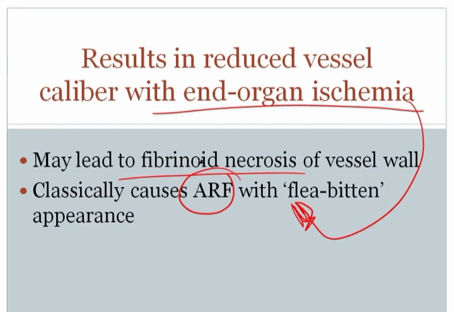So hyaline arteriolosclerosis: benign hypertension and diabetes. The other way by which you can get arteriolosclerosis of a small blood vessel wall would be hyperplastic arteriolosclerosis. This is where you get thickening of the blood vessel wall due to hyperplasia of the smooth muscle, and it's classically seen with malignant hypertension. You've got to have all of that summary very well established in your minds to be able to understand the discussions that we're going to have as we move forward.